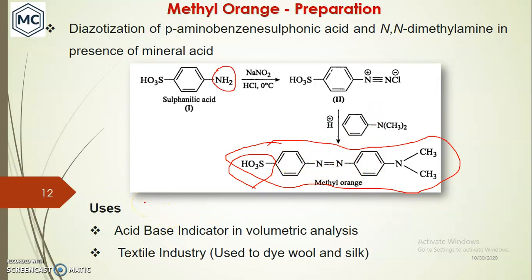Methyl orange is an acid-base indicator widely used in volumetric analysis. It's a pH indicator, and it can also be used in the textile industry to dye wool or silk.